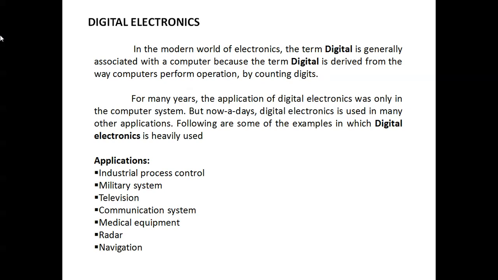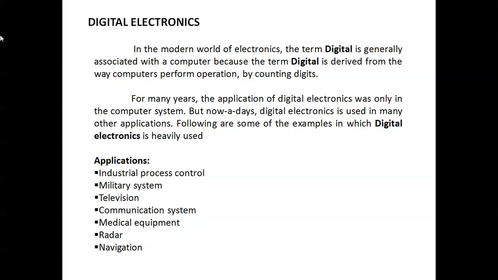So digital electronics. Before we start, the basics of what is digital. We know that before digital there is the analog signal. The analog signal is nothing but it's nature. So the nature of the signal is used for all the electronic devices.